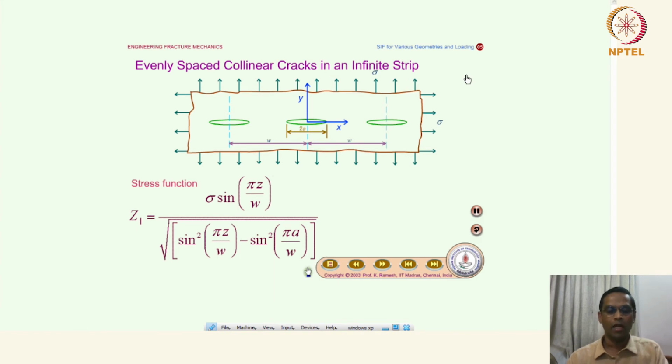Now I want to look at the other related topic, which is evenly spaced collinear cracks in an infinite strip. Westergaard has given a very general solution for this kind of geometry, where it is an infinite plate subjected again to biaxial loading, and then you have the elliptical cracks.